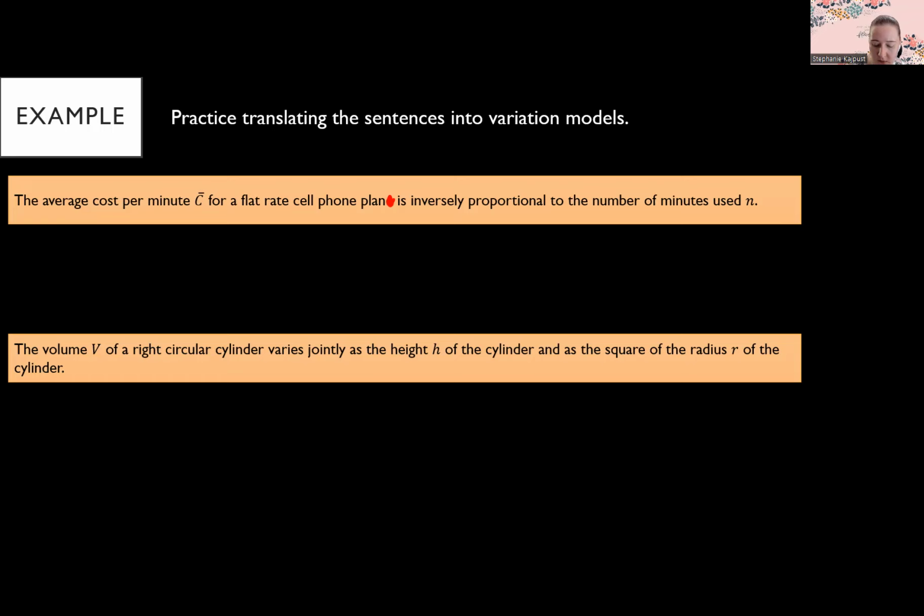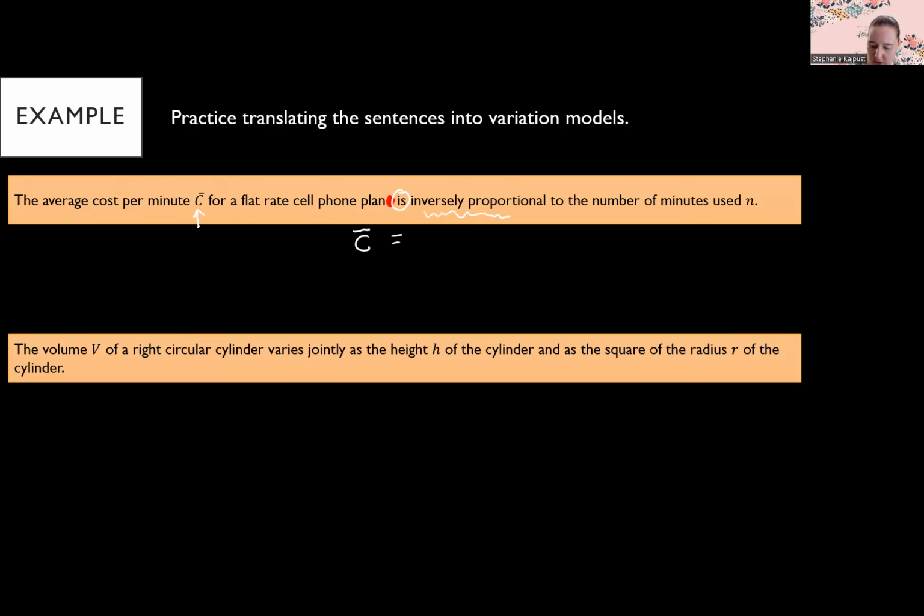So our variable C bar, and then we've got the word is, which is an equal. So I'm going to have C bar equals. Because it's always going to go in order as you read the sentence. You're writing the equation in the order that you read the sentence.